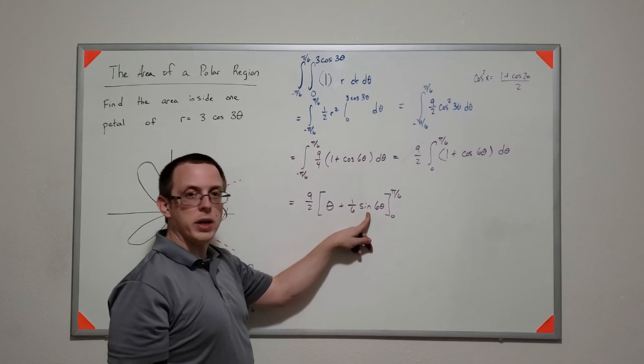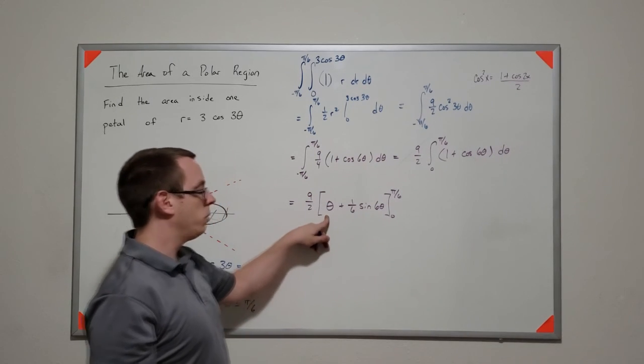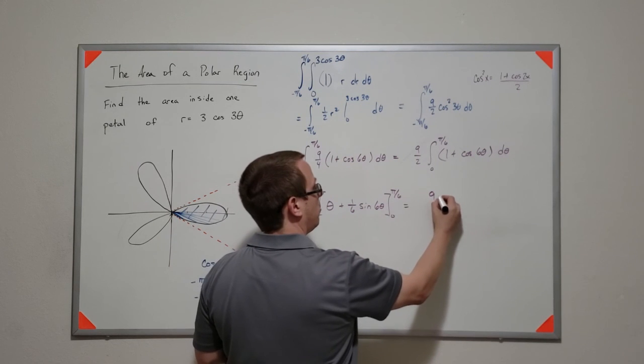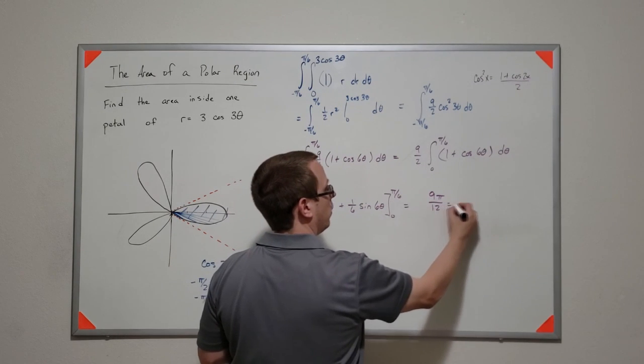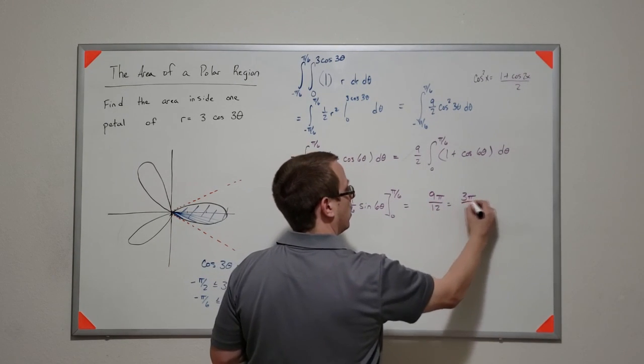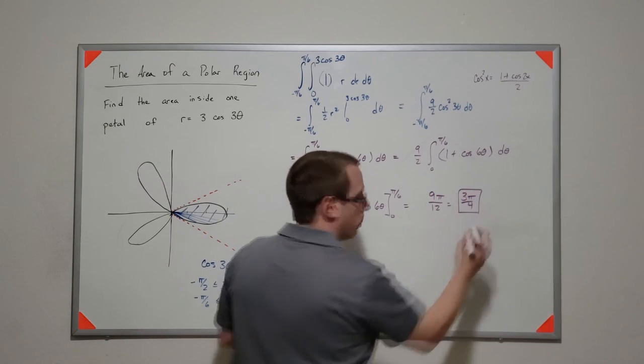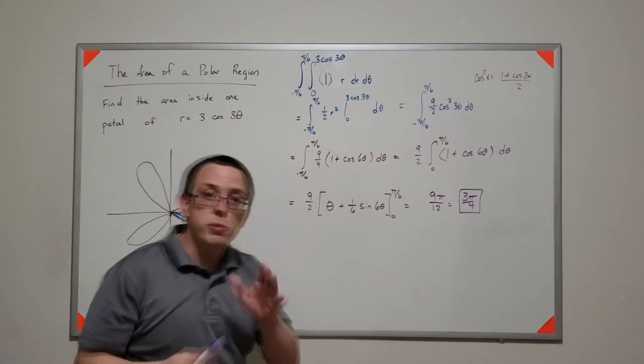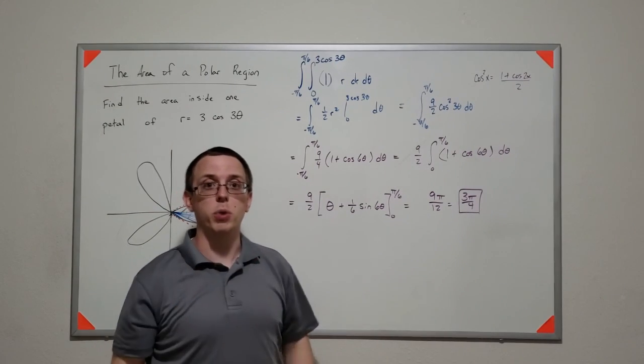If I plug in 0, I get sine of 0, which is 0. So I really just get pi/6 here. So I get 9 pi over 12, which is 3 pi over 4, which matches my notes, so I feel pretty good about that.